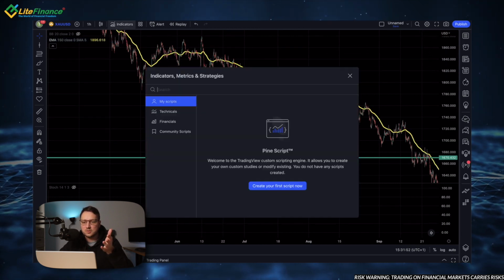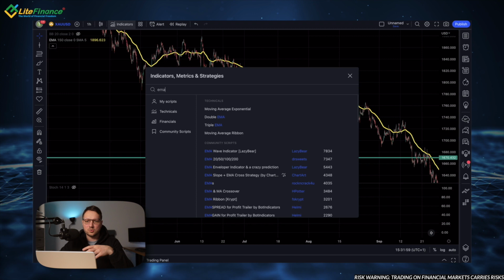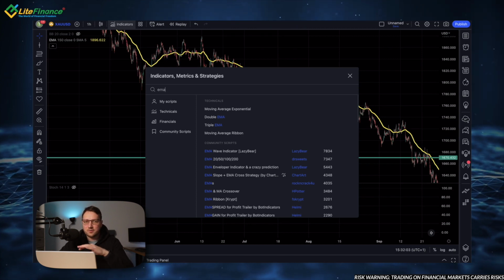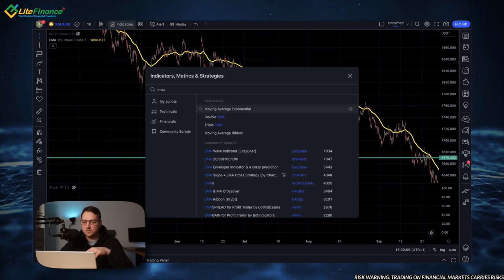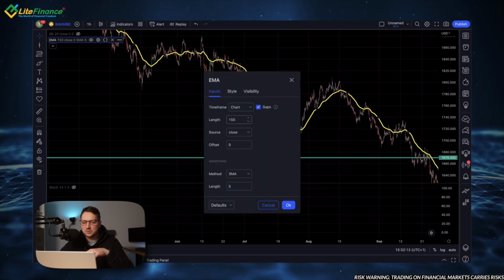So we go to indicators and type EMA. This is the TradingView platform, but you can also find moving averages on practically every other trading platform. So you type EMA, exponential moving average, or here it is Moving Average Exponential. You set the period to 150 candles.